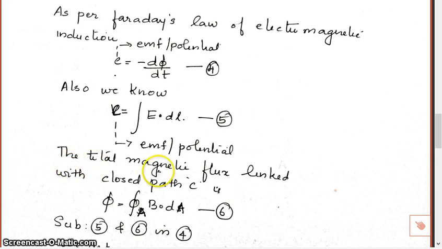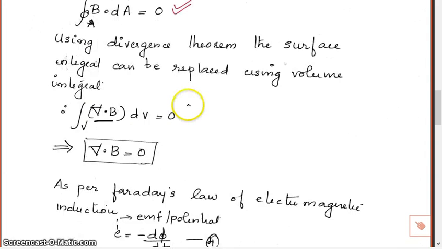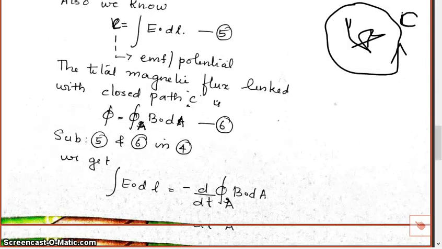Now, the total magnetic flux linked with the closed path, if you have a closed path like this, and this closed path is marked as C, and the total magnetic flux inside this medium is given by phi is equal to the area integral of B dot dA.